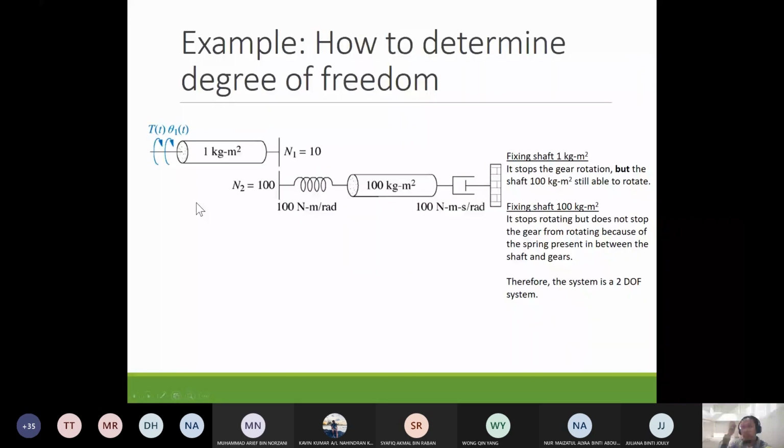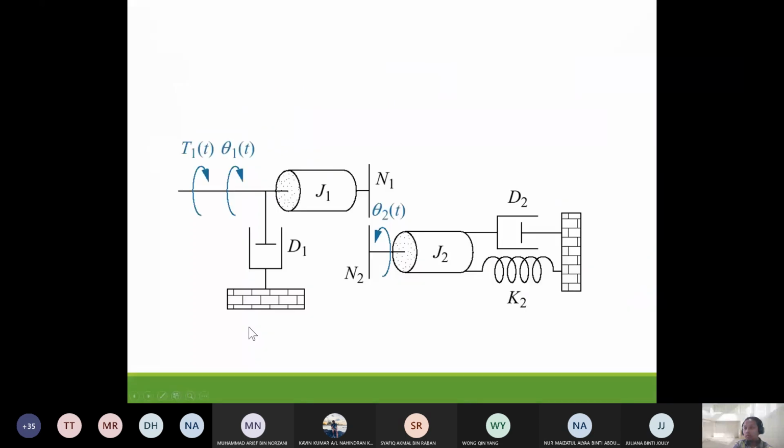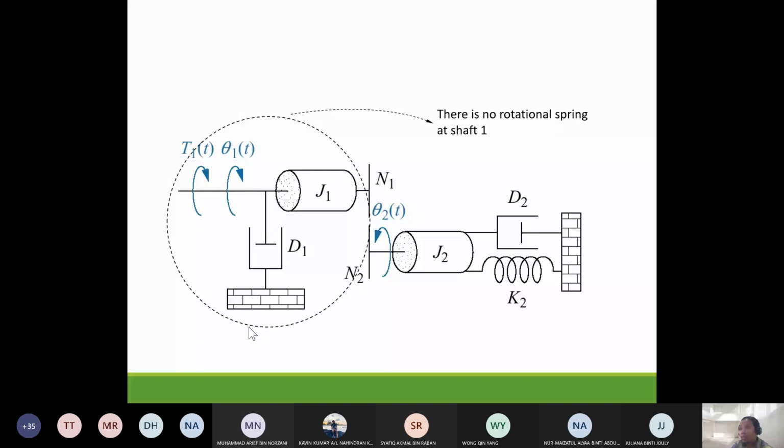We have learned about transferring the impedance from one shaft to another shaft, by first choosing which one is your destination and which one is the source, and then to transfer the impedance, we multiply with the gear ratio squared.